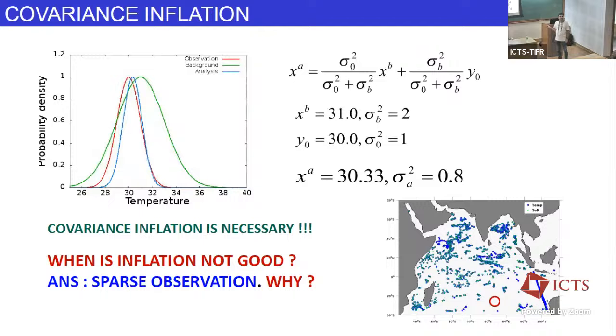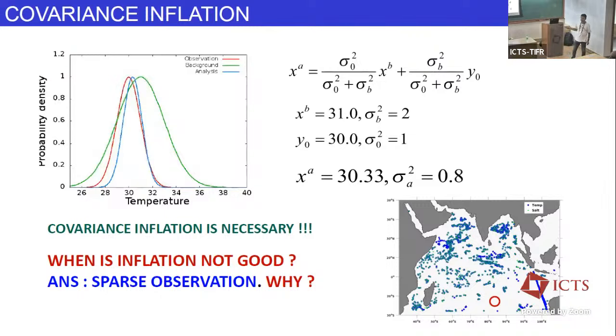Right? But when you apply a covariance inflation, you apply it uniformly throughout, because that is easy to do. It's difficult to apply it in a spatially varying way.